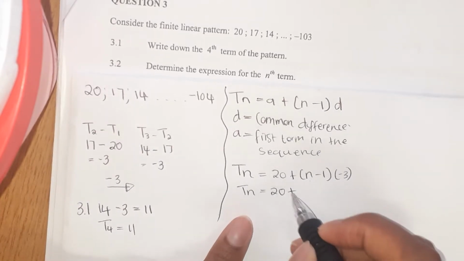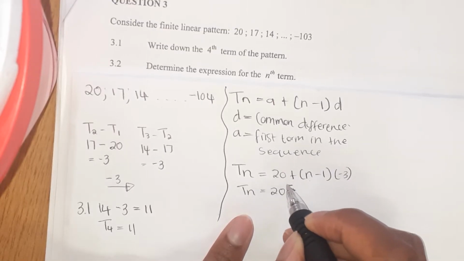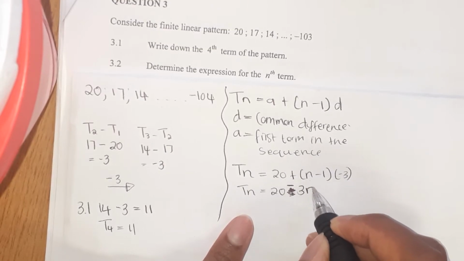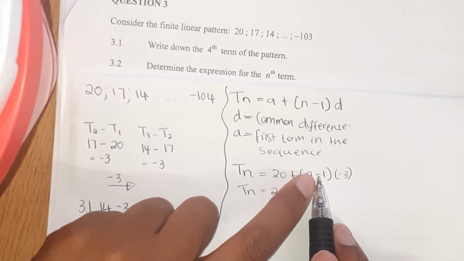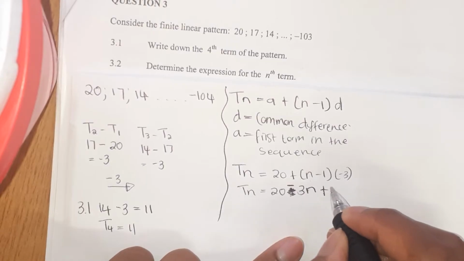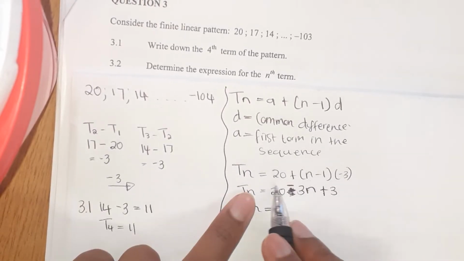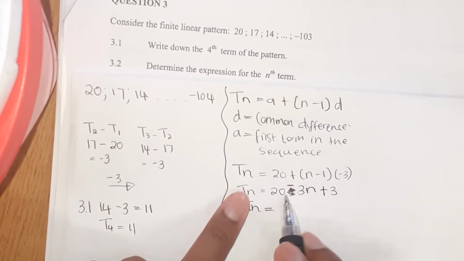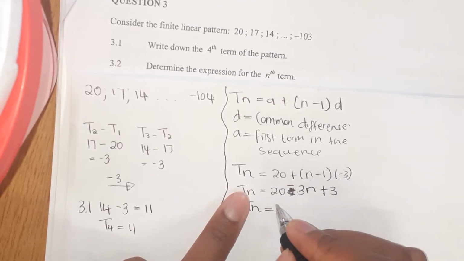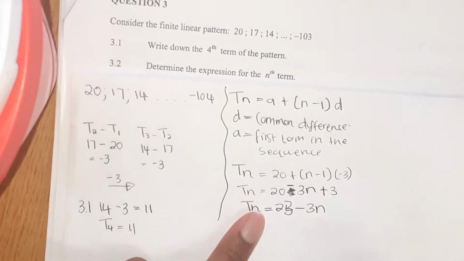Negative 3 times n will be negative 3n. But this negative 1 times this negative 3 will turn into a positive 3. So Tn equals 20 plus 3, that will give us 23, minus 3n.